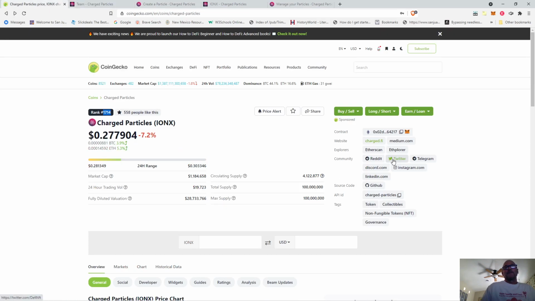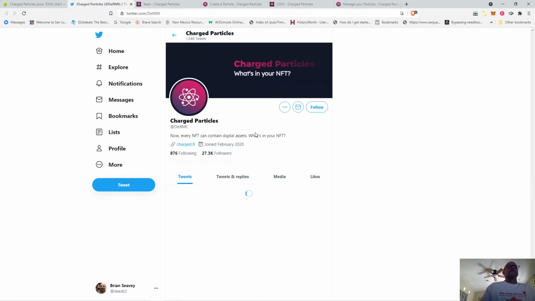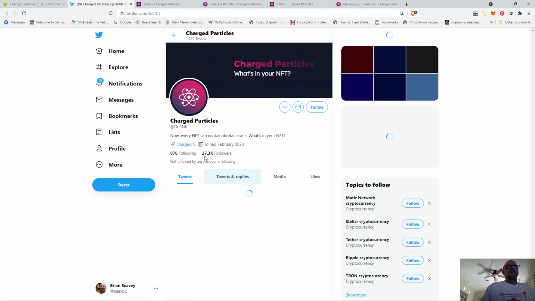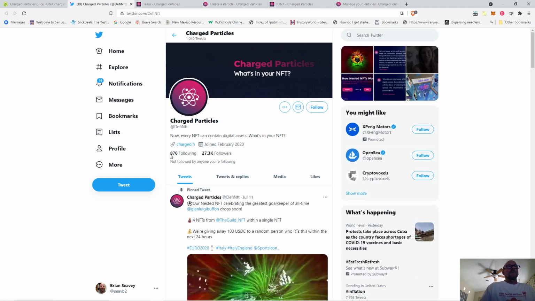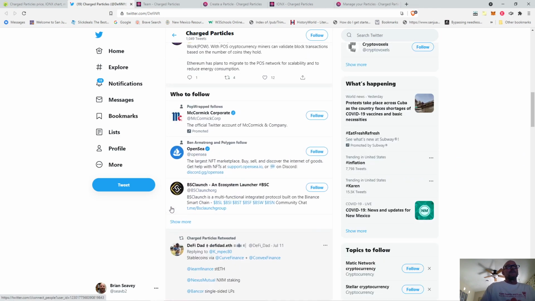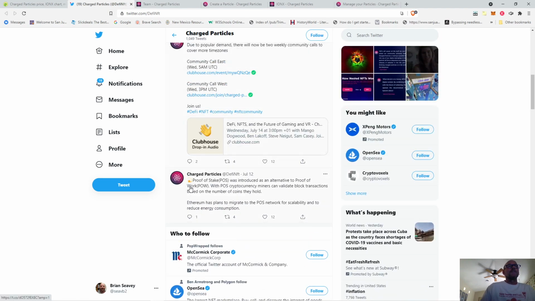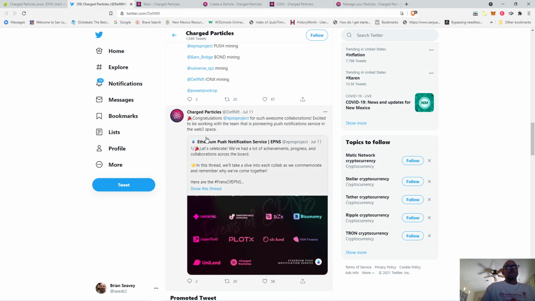You look at its Twitter page or Reddit page or Discord or whatever. Twitter's pretty easy. Look at its followers, 27,000 followers. It's following some other things. That's nice. Some tweets. Look at the relevance and frequency of such. And you can also look at their announcements to their development and things.